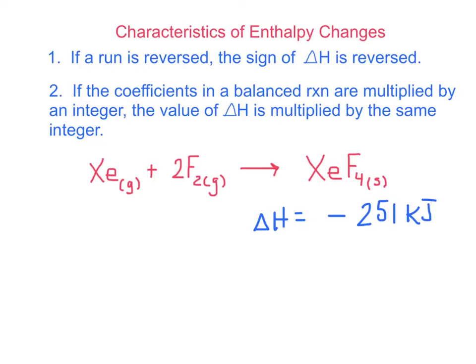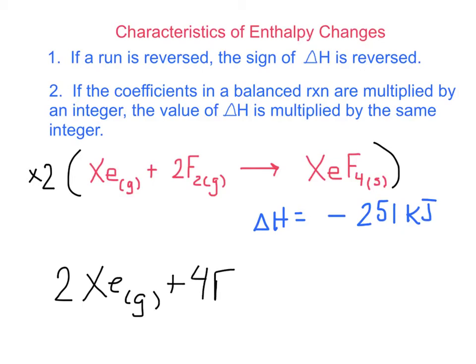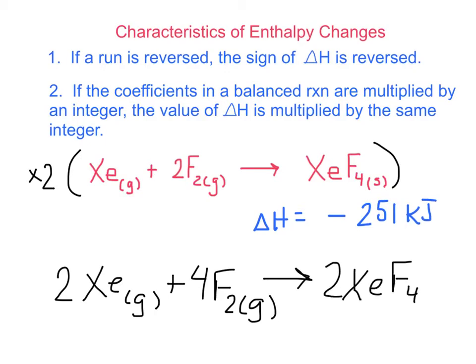If I want to prepare this in the lab, and I want to prepare not just this quantity, but let's say I want to prepare twice as much of this, so I'm going to double the quantity. If I double the quantity of that, I end up with 2 xenon plus 4 fluorine produces 2 xenon tetrafluoride solid, and my delta H is also going to be doubled.